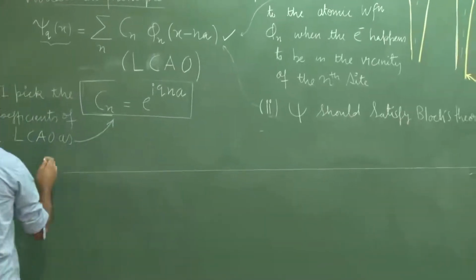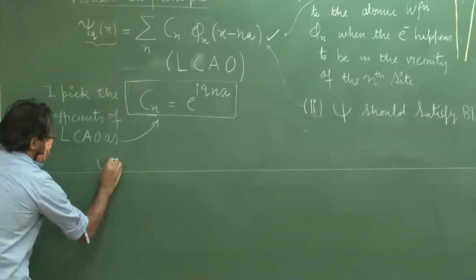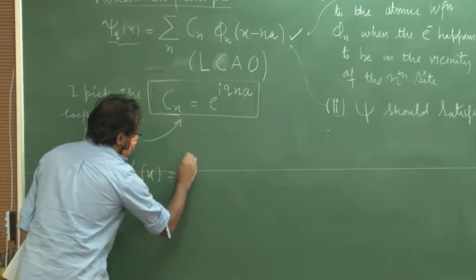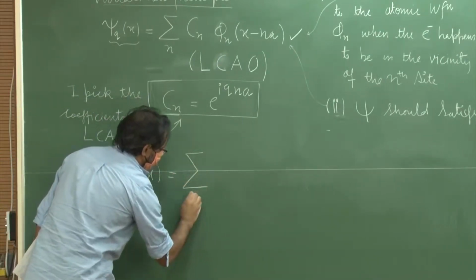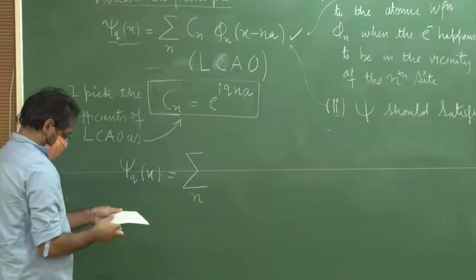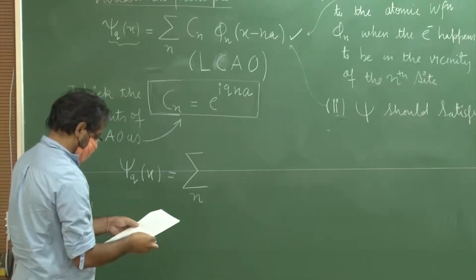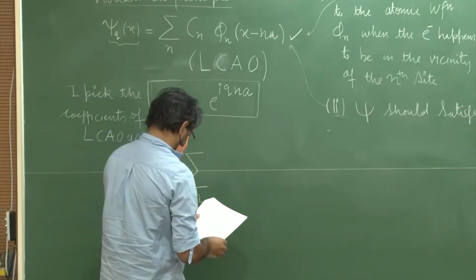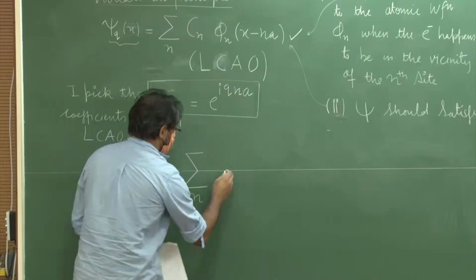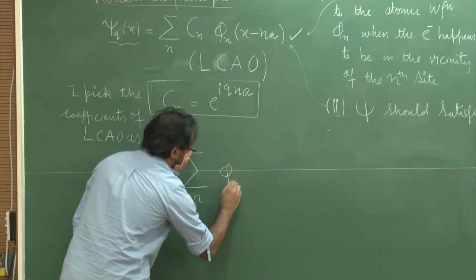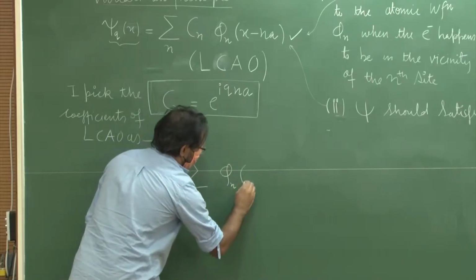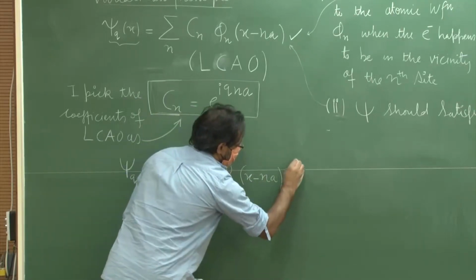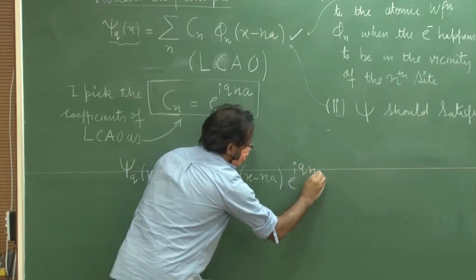Let's check that. So then psi_q(x) is equal to summation over n, phi_n(x minus na), exponential i q n a.